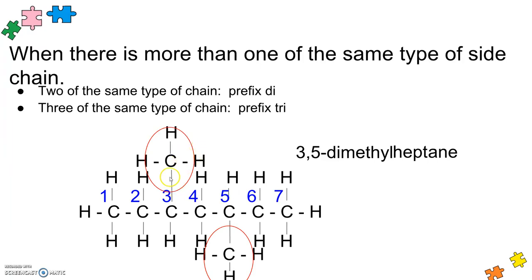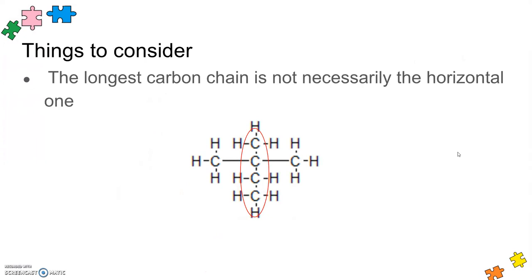I've got 2 methyls, so it's dimethyl, and I need to indicate the position of both of them. This one is on number 3, and that one is on number 5. So my name for this organic compound will be 3,5-dimethyl heptane.